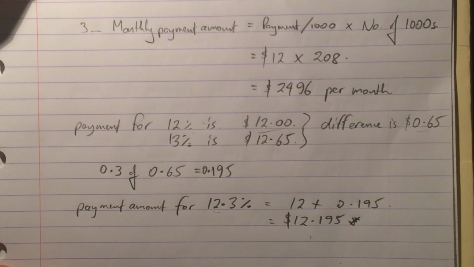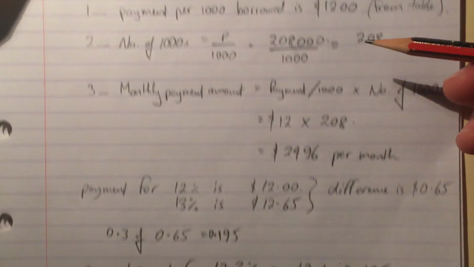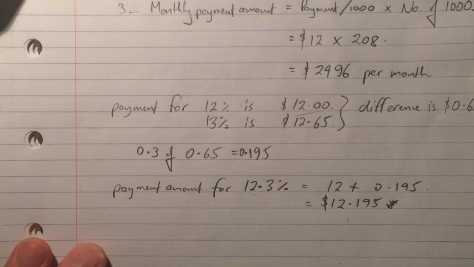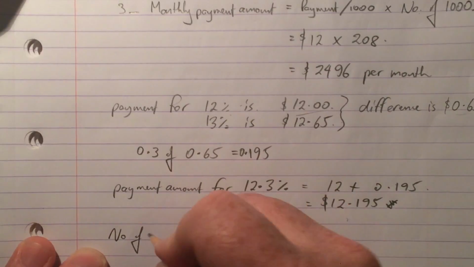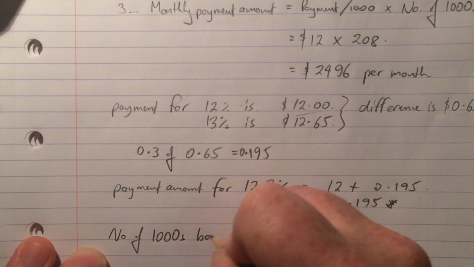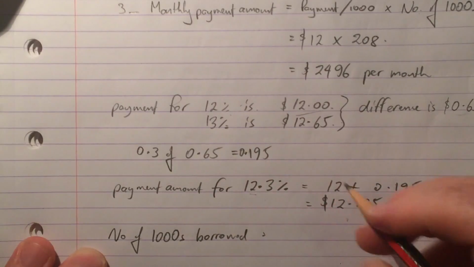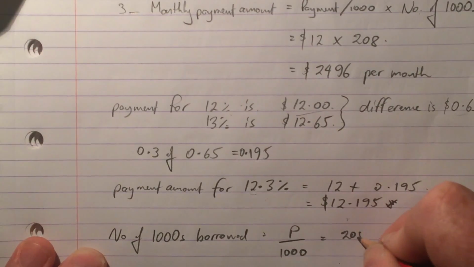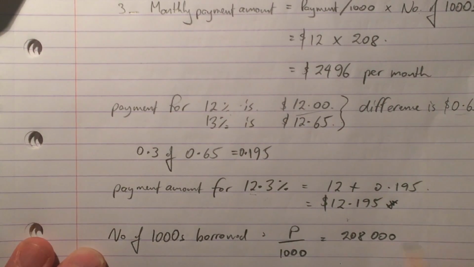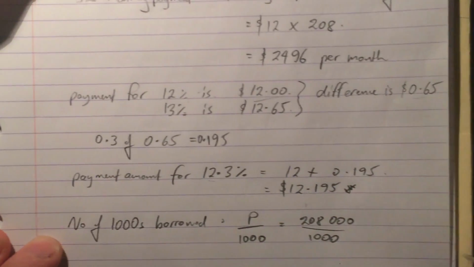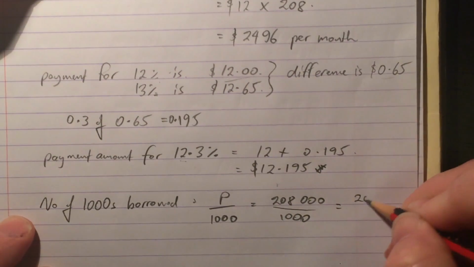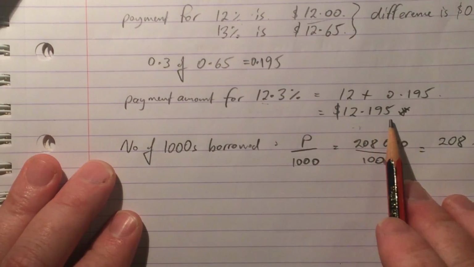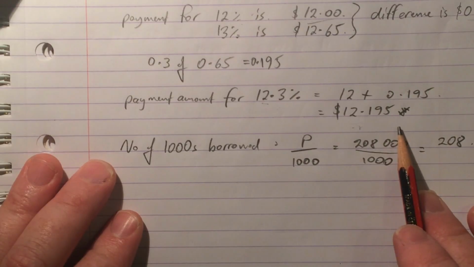Now we're just going to continue following the steps from the previous example. The number of thousands borrowed will actually be the same. It'll be the principal divided by 1,000, so 208,000. How many thousands does that equal? Obviously, it's 208. So our payment is $12.195 per $1,000 borrowed.